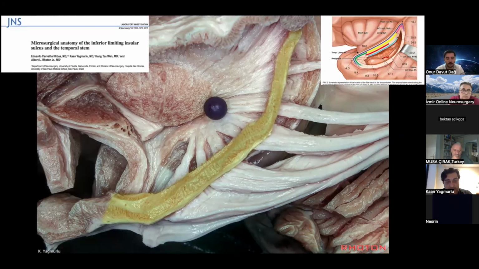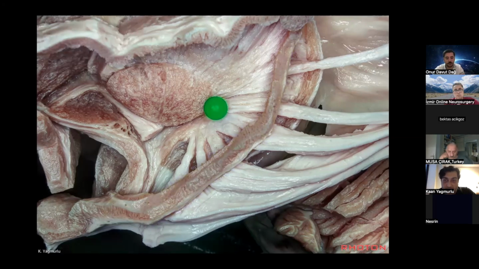What happens if you cut Meyer's loop? There will be an upper quadrantanopsia on the contralateral side. In some countries, the traffic lights are on the right upper side, as in Europe and I think in Turkey too, so these people have a hard time getting a driver's license because they don't see the right upper side if the surgeon cuts the left side of Meyer's loop.